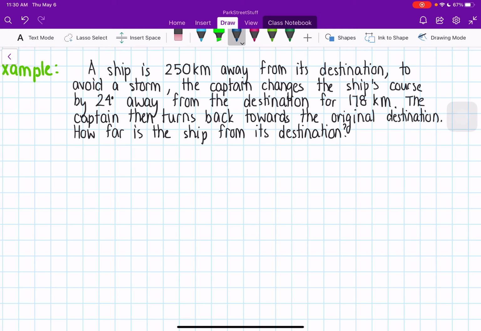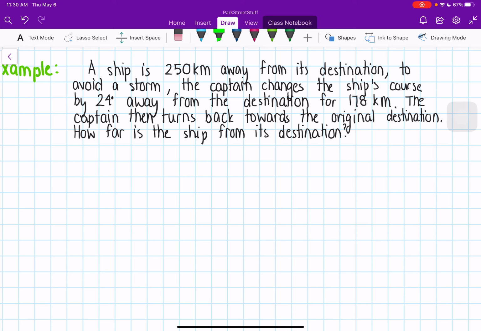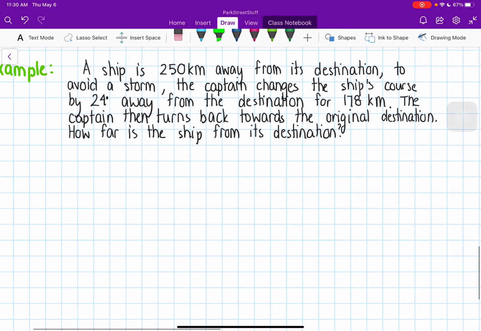So this, if we decide that we're going to start here, so let's just say this is our ship. So here is our ship. So let's put S for the ship, and the ship is 250 kilometers away from its destination.